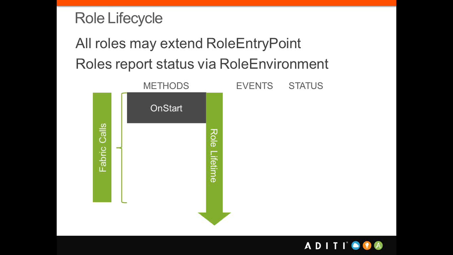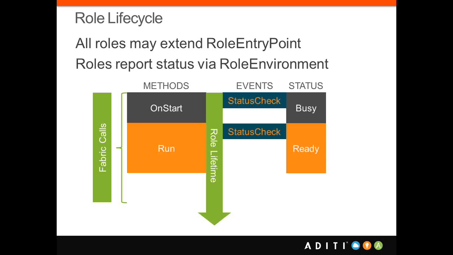The Fabric calls a method called onStart, to initialize your roles and make sure that it runs. It keeps checking the status. There is a status check event, and generally when it is starting up, the status is busy. The moment you get status as ready, your run method is called by the Fabric, so that whatever infinite loop you have keeps running all the time.